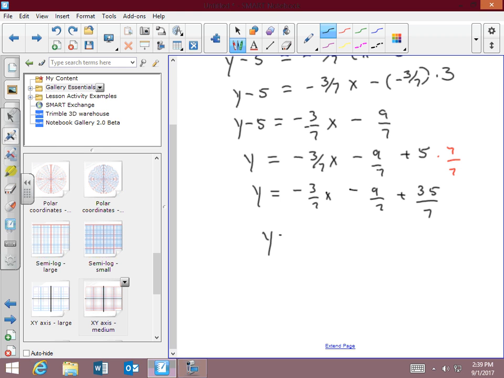So y equals minus 3 sevenths x and a minus 9, so I got a common denominator, so I can just combine the numerators. Minus 9 plus 35 is what? 26. Plus 26 sevenths. So this would be what you would put in your calculator.